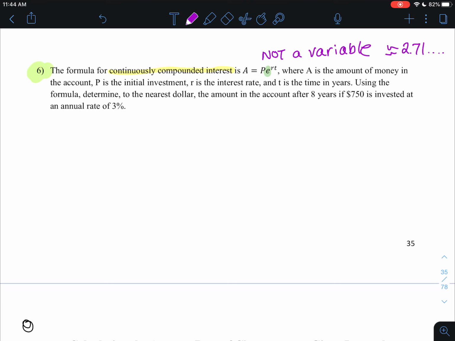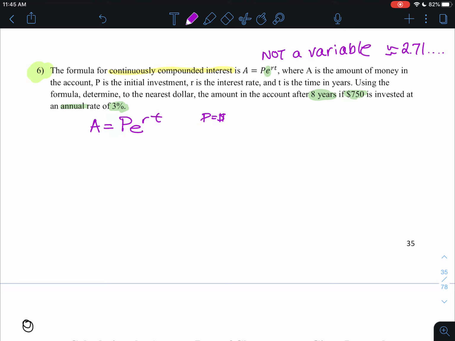So using the formula, determine to the nearest dollar the amount in the account after 8 years if $750 is invested at an annual rate of 3%. Here, our formula is different. Some people refer to it as PERT because you can see that it spells out PERT. So we're trying to find A. I know that P is equal to $750.